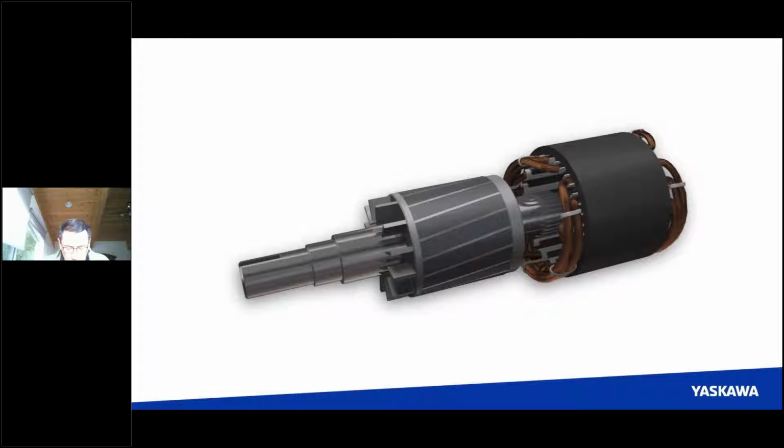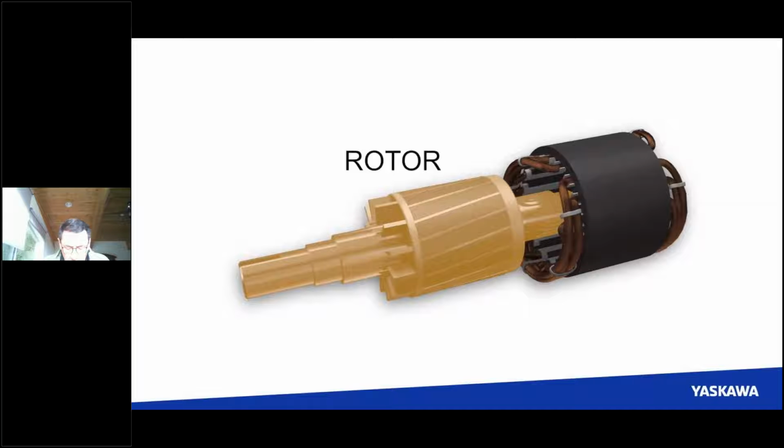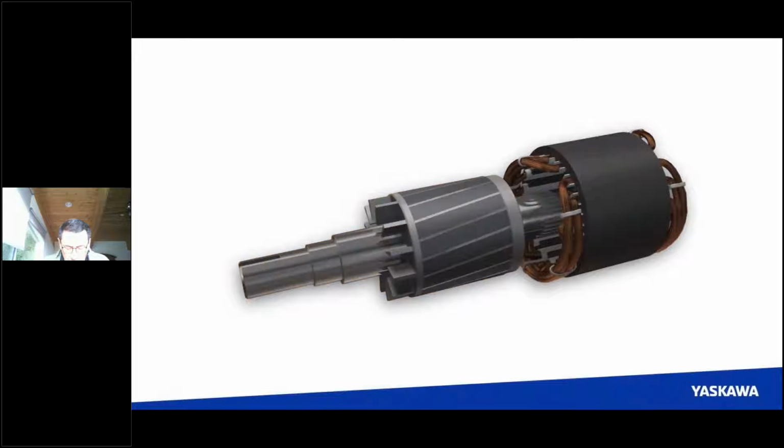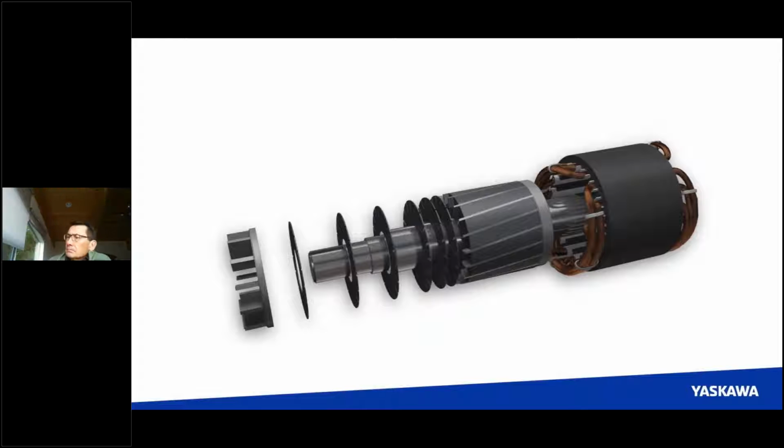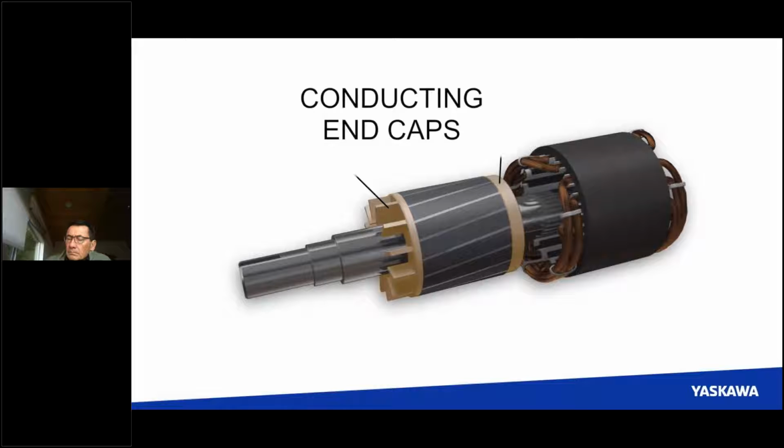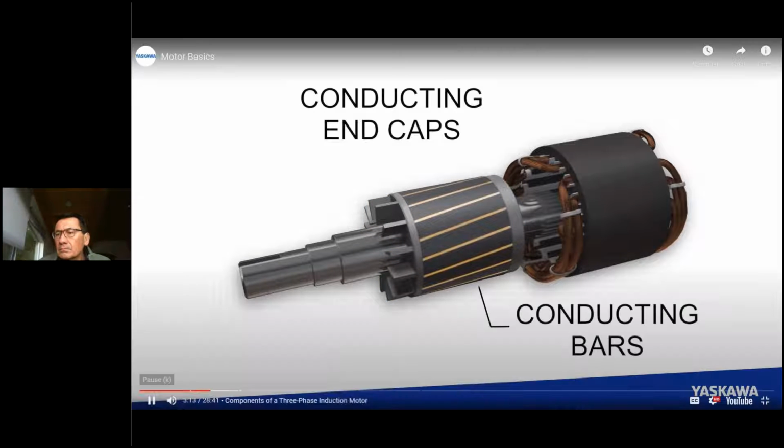Centrally located within the stator is the rotor. The rotor is basically a cylinder with an iron core, which is also made up of laminated slices, just like the stator. The rotor has conducting end caps on each end and conducting bars running through the slots in the laminated slices that connect to the end caps.